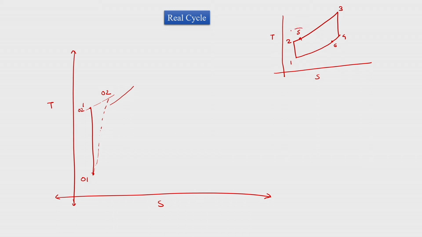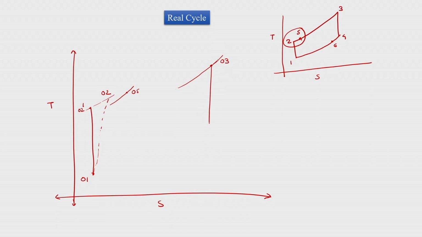Now if we see the process 2 to 5, it's isobaric heat addition, but due to the flow there is a loss in total pressure, so we will have a lower total pressure, and that is knot 5. Then there is heat addition in the combustion chamber, and we will end up at the point which is here, and we will call it knot 3.